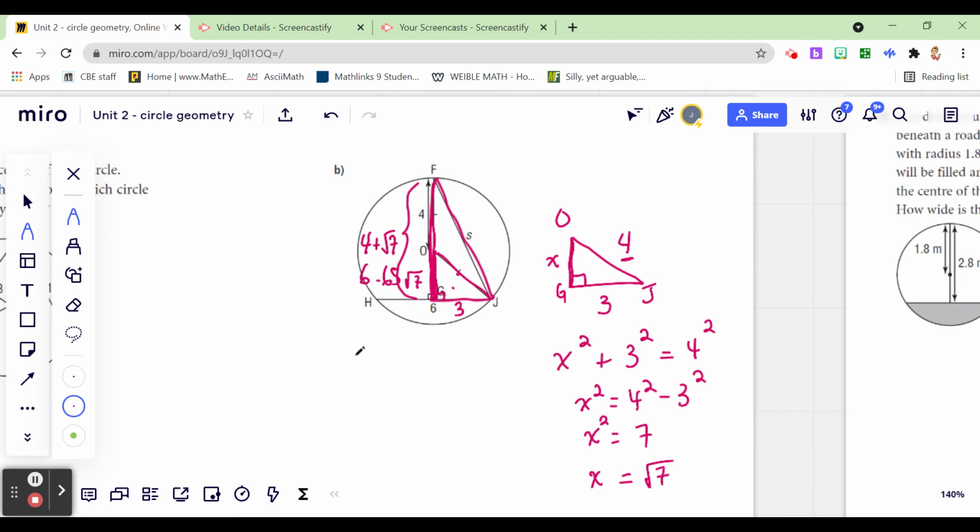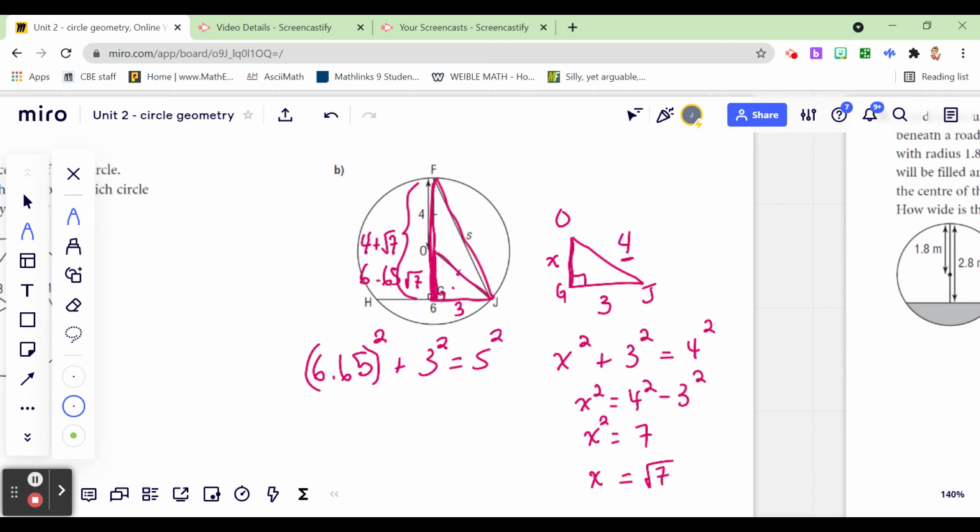Okay, so I know then I can use this big triangle here to find S. So my side length is 6.65 squared. Okay, I'm going to put that in brackets. I have this, so 3 squared is equal to S squared. Okay, that's my hypotenuse.